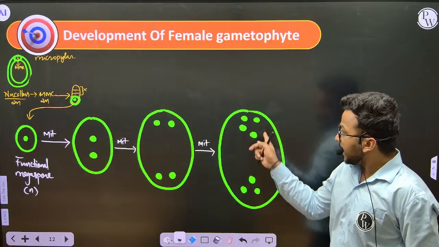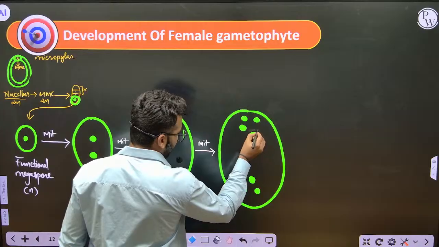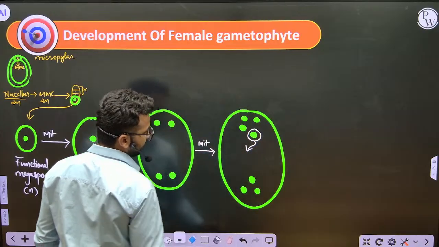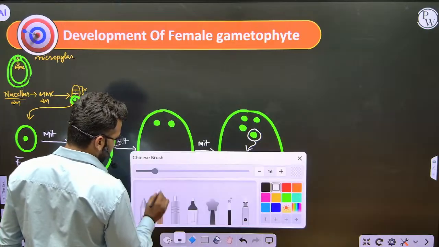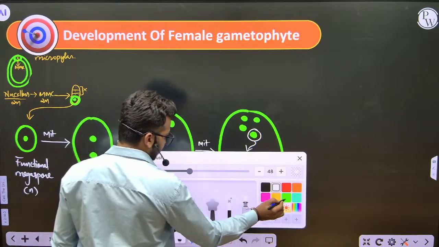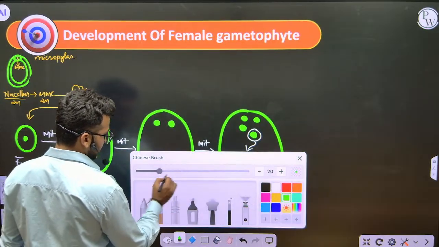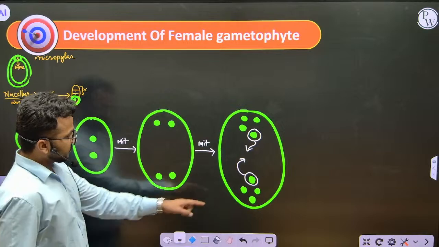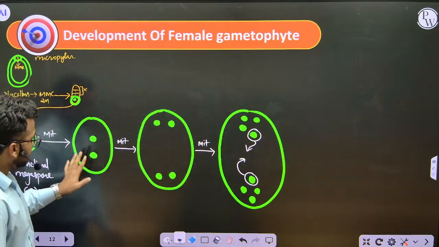From these 8 nuclei, one will come from this polar end to the center, and another will come from the other polar end to the center.